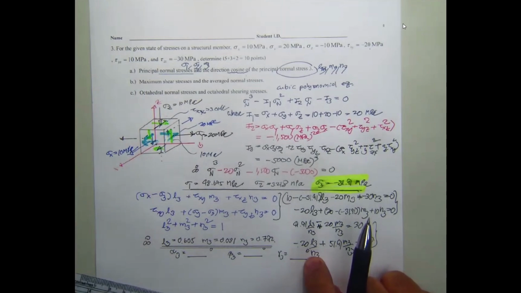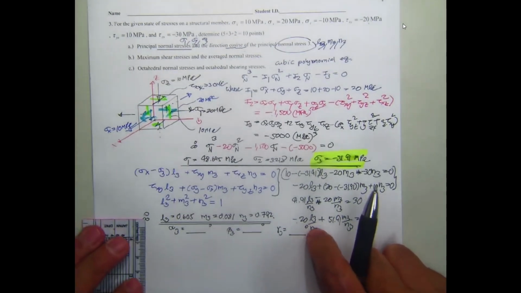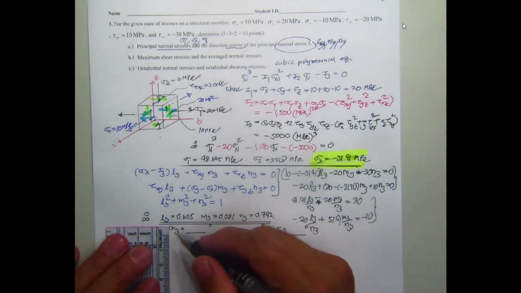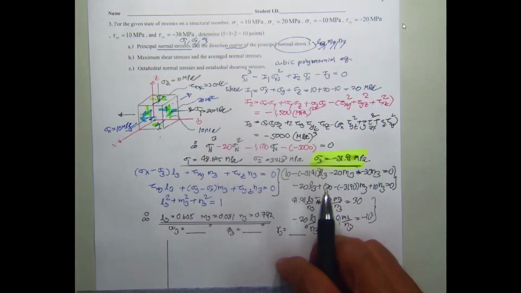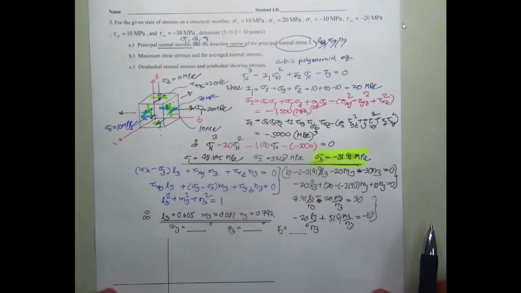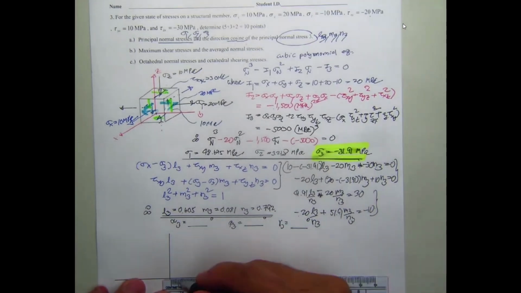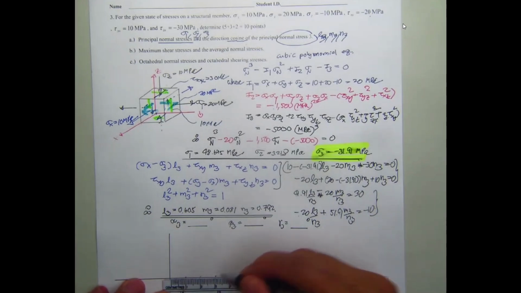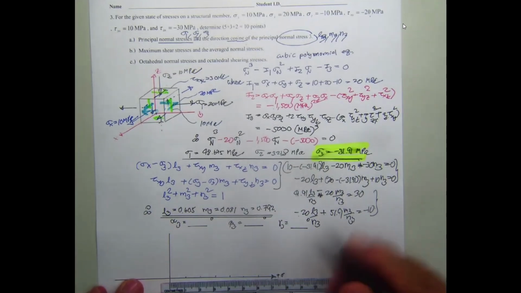Now, coming to maximum shear stress, it is better to draw the diagram. We should have the Mohr circle to represent it. And then we may put 1, 2, 3, 4, 5, 6, and this is going to be plus stress.